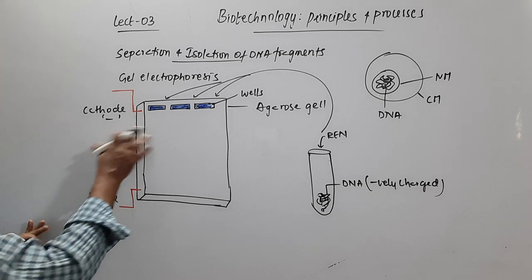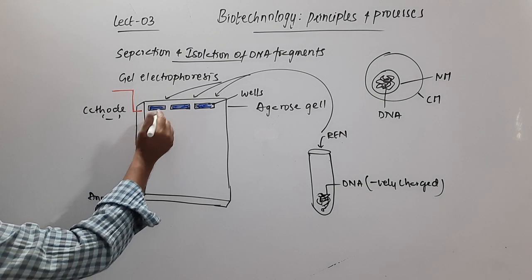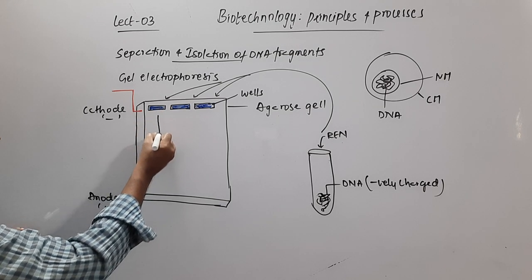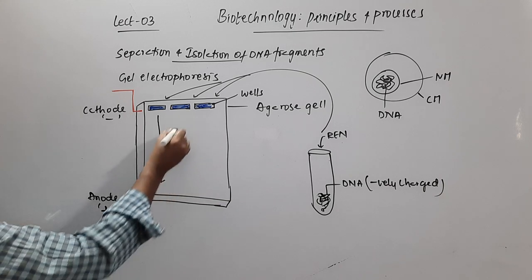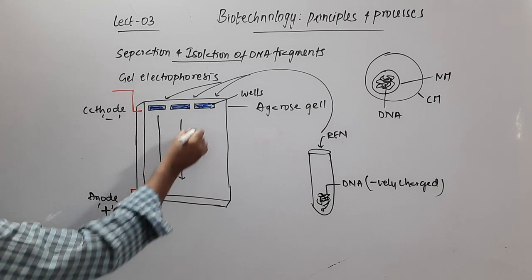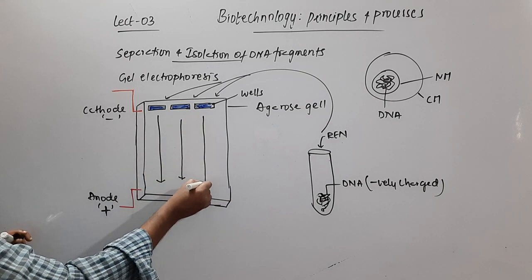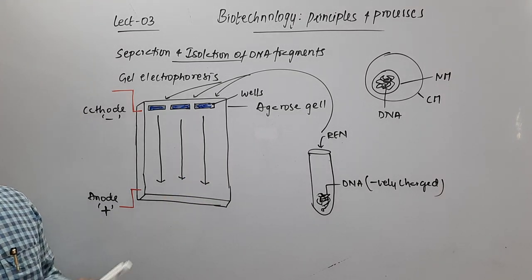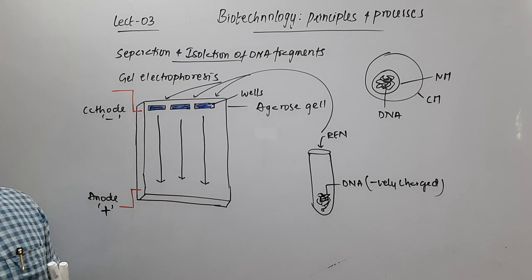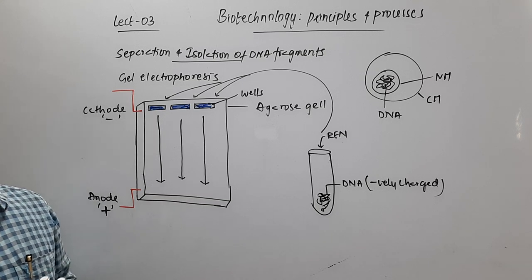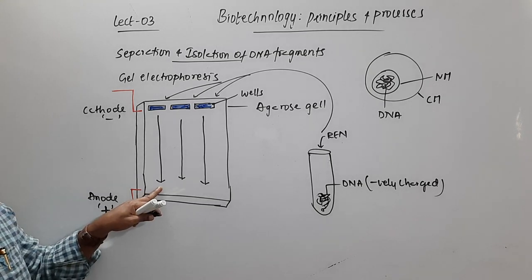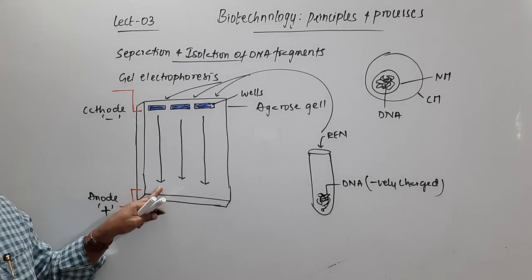Now when I apply the voltage, the fragments of the DNA will move towards this positive charge. And I hope you remember, while discussing DNA fingerprinting in molecular basis of inheritance, I told you the smaller the fragment, the farther it moves.